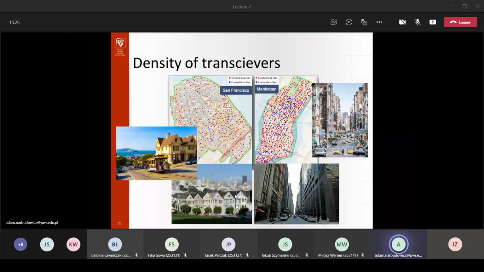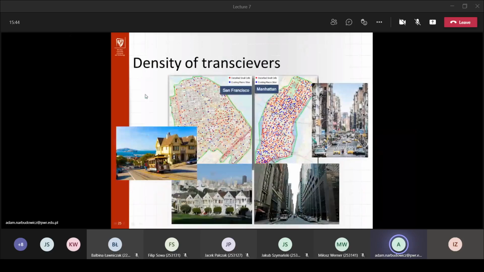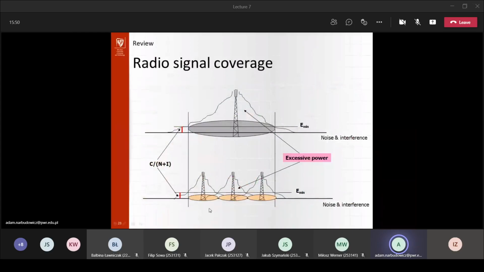So the propagation looks much different. Also, another factor might be that San Francisco is quite a hilly city, so it allows for different geometry types to cover. Okay, so this is again an implementation of the case here.